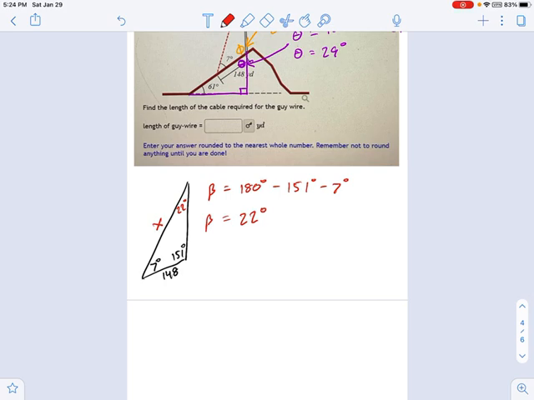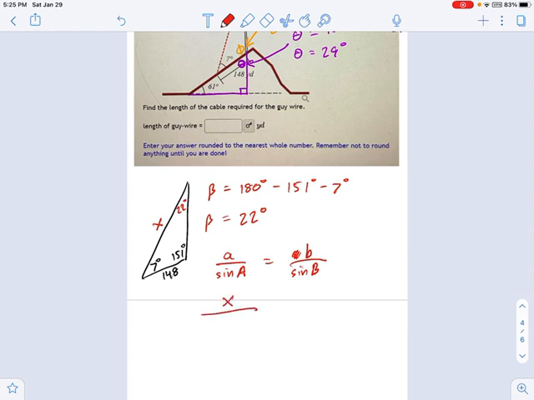Okay, if I rewrite the law of sines, for this case, I'm going to want sides on top. If I said little a over sine A equals little b over sine B, well, those are sides, and let's just put in the values we know and say x is a.